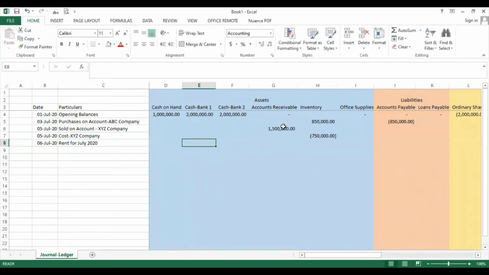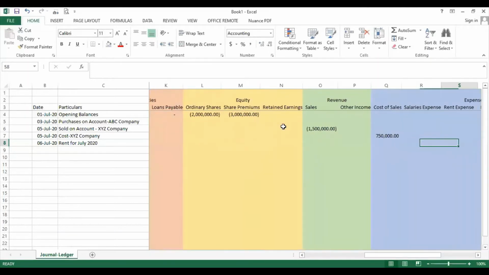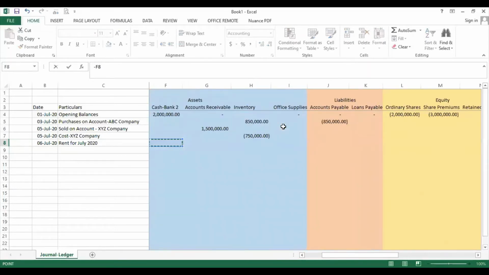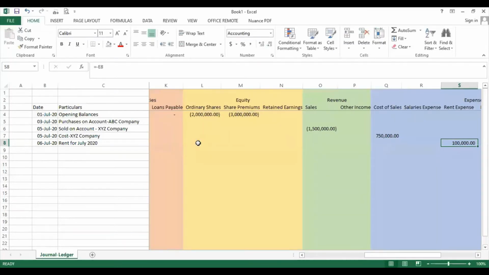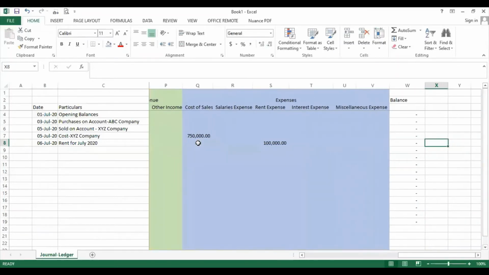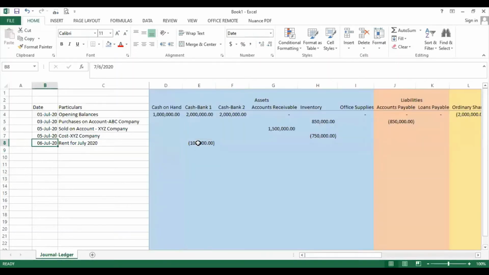So we put 100,000 here. We credit cash, and the debit is rent expense. If we press negative it changes to a negative sign, and if we connect it with the negative figure, of course, needless to say, it becomes positive. So again, our check balance is 0.